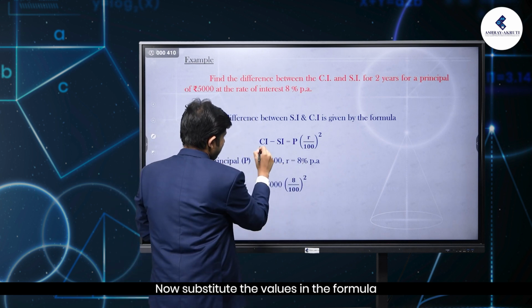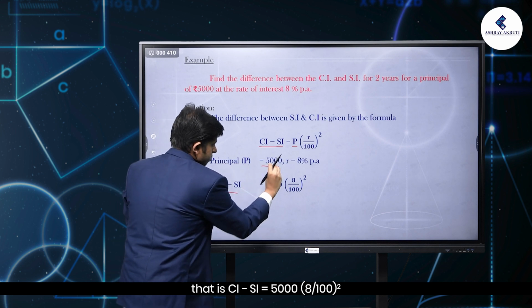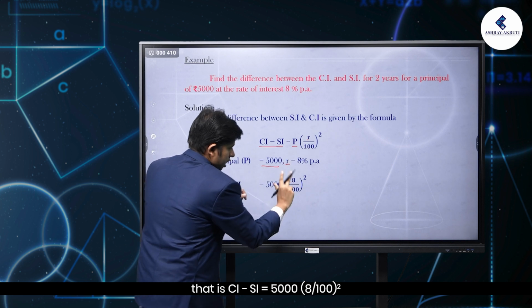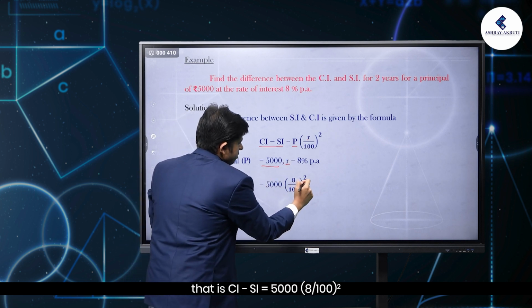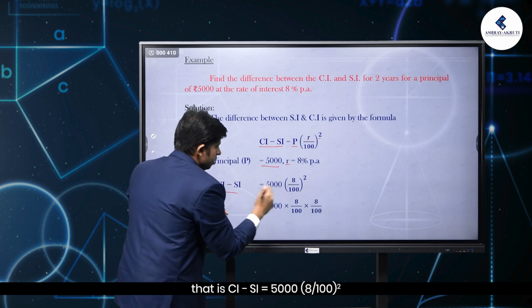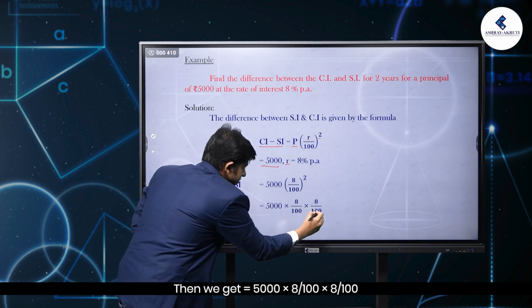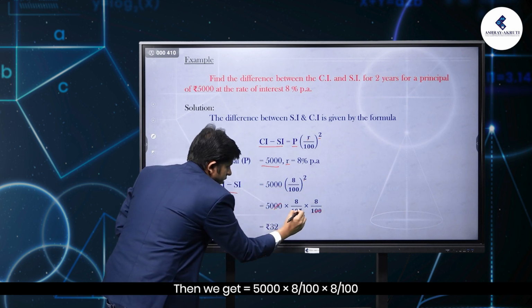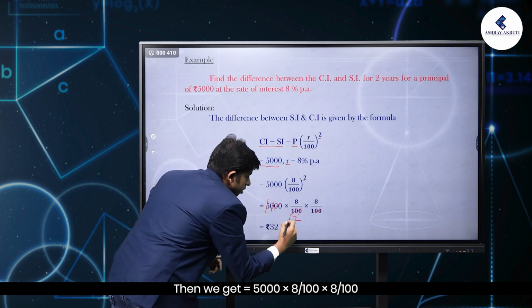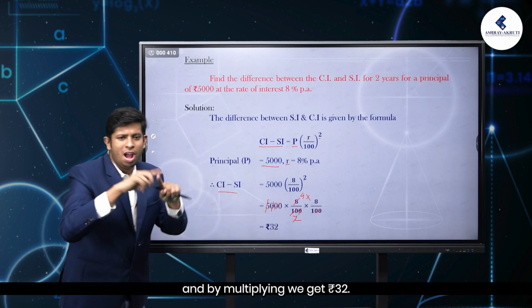Substituting, CI minus SI is equal to 5000 into 8 by 100 whole square. Then we get 5000 into 8 by 100 into 8 by 100. Then after simplification and by multiplying we get 32 rupees.